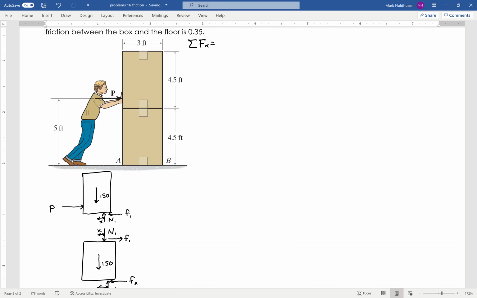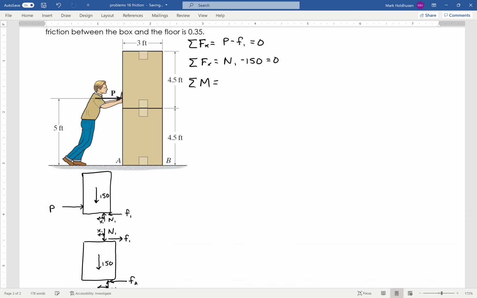I'm going to get 6 of these, right? 3 for each body. Okay, so on the first one I have P, I have F1, and I set that equal to 0. Then I've got the sum of the forces in the y direction. I've got N1 minus 150 equals 0. Then I've got my moments, okay?